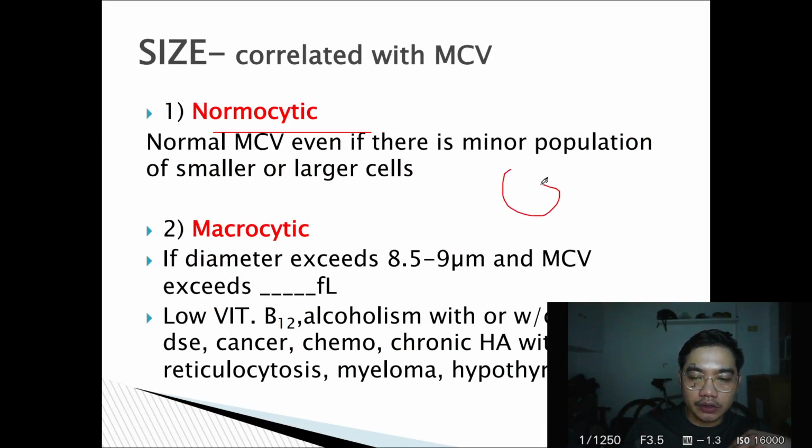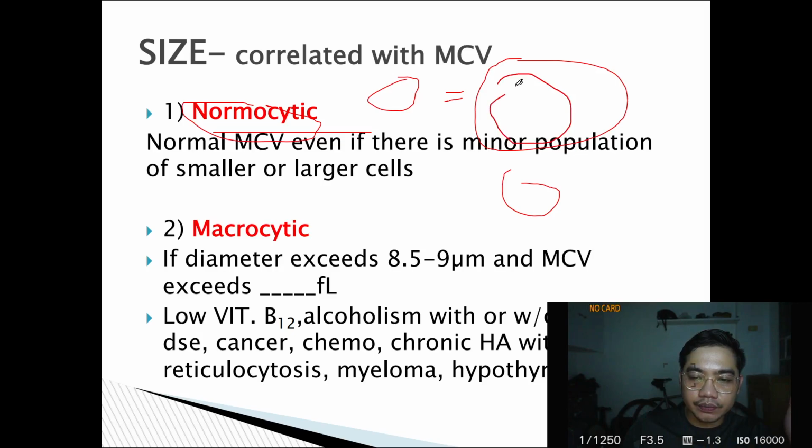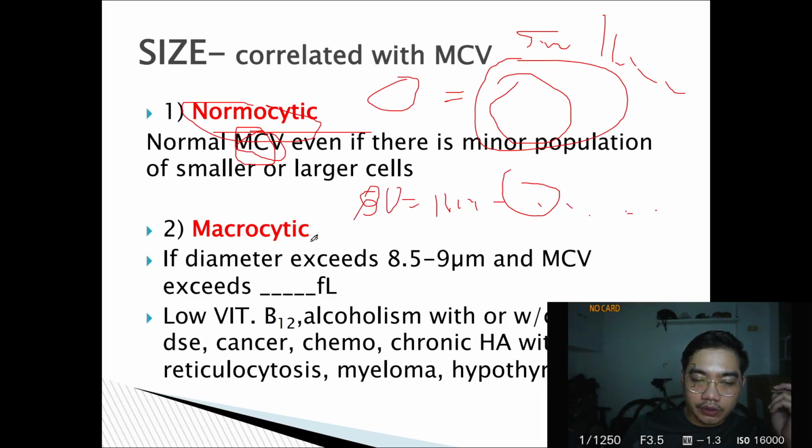Normocytic, normal size. So how can you say normocytic? The red blood cell is more or less equal to the nucleus of a small lymphocyte. So that's a rough estimate, no? But the numerical value is your MCV. So it's usually 80 to 100 or 110 femtoliters, no?